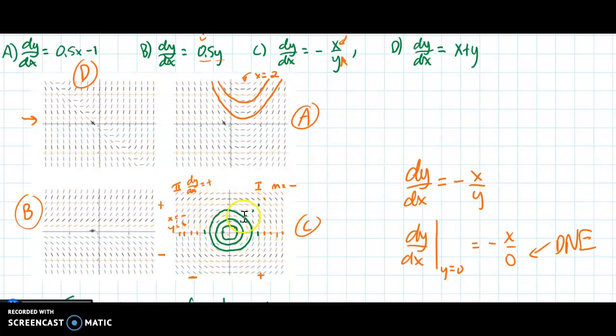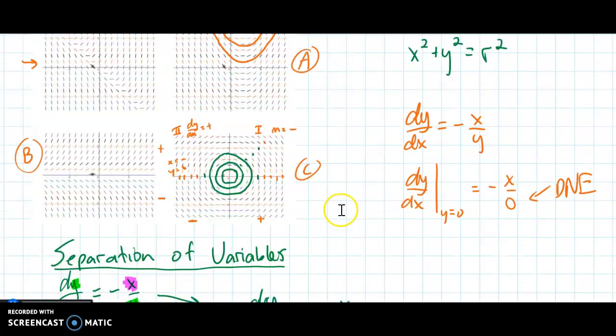Do you know the equation of a circle? You did it in Algebra 2. You probably did it in pre-calculus. It is x squared plus y squared equals r squared. So for example, x squared plus y squared equals 1 would be the unit circle. x squared plus y squared equals 25 would be a circle of radius 5.